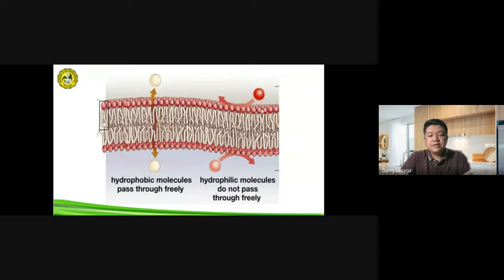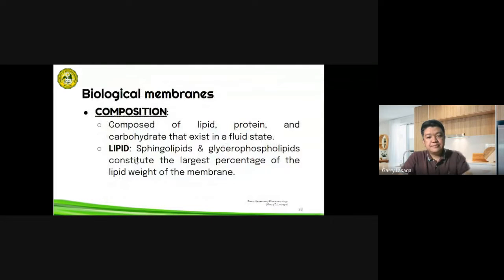So water cannot freely diffuse across the cell membrane; it needs a protein in order to be transported from one compartment to the other compartment.